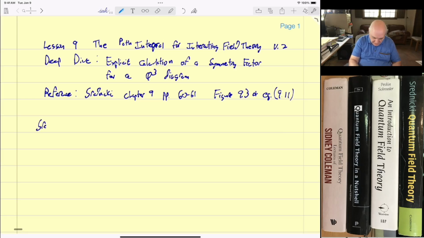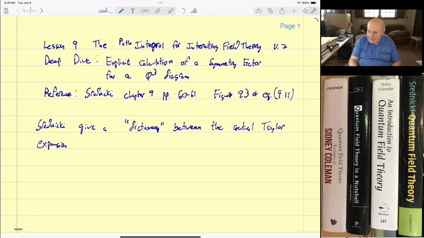Srednicki, and all books, do this. They give sort of like a dictionary between the actual Taylor expansion or perturbation expansion and the, I'll put a quote, Feynman diagrams.